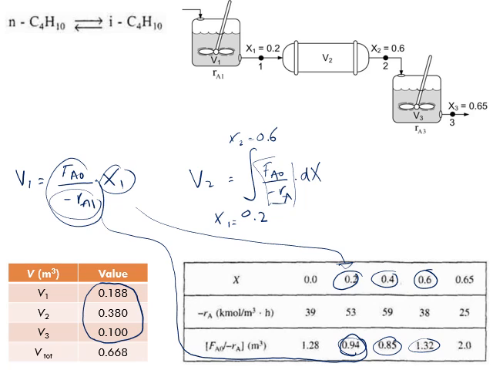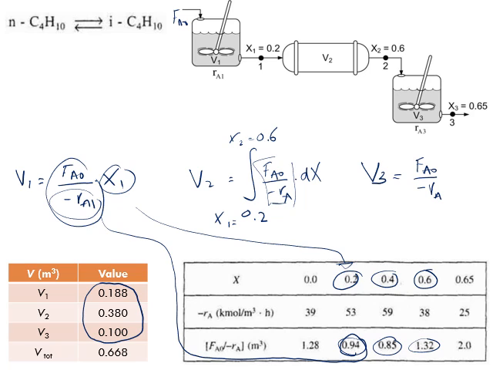CSTR, where we have the V3. V3 equals FA naught, again all calculation based on FA naught here, because reactors in series with no side reactions.